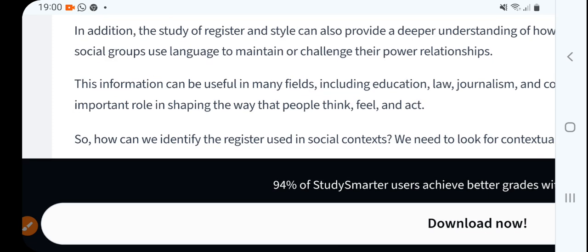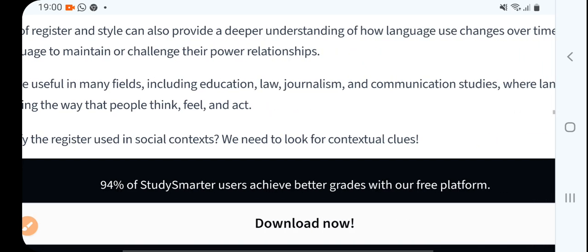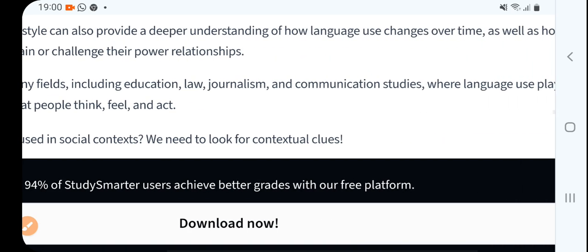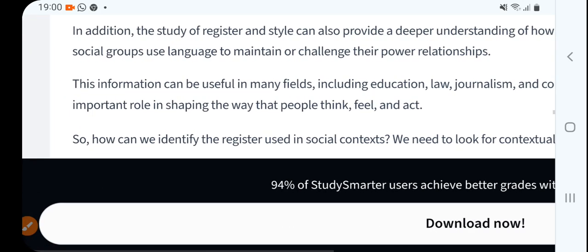In addition, the study of register and style can also provide a deeper understanding of how language use changes over time, as well as how different social groups use language to maintain or challenge their power relationships.